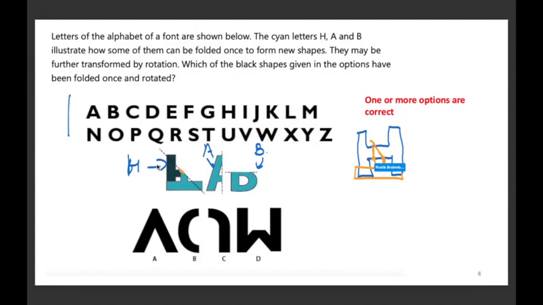And the other part will go away, and only this much part will be there, which is what is seen in the cyan letters. So they can be folded.